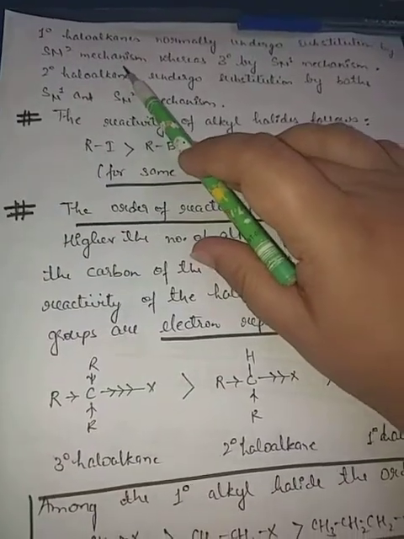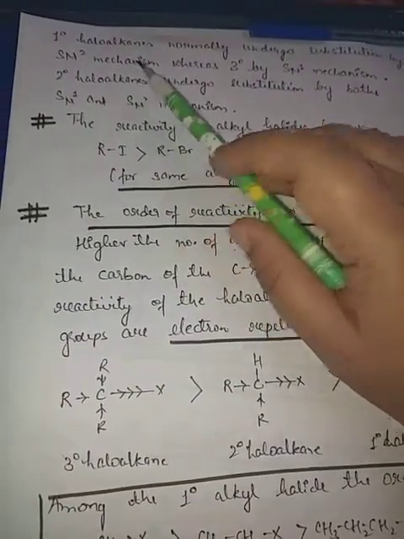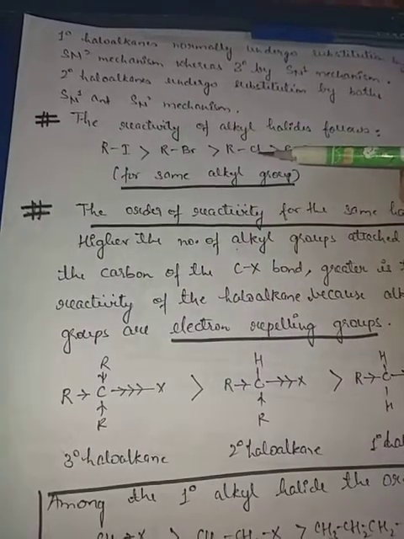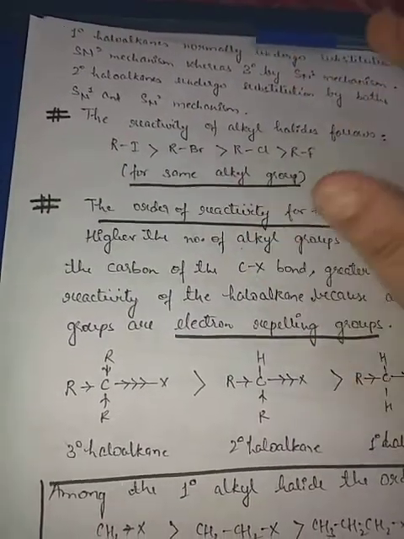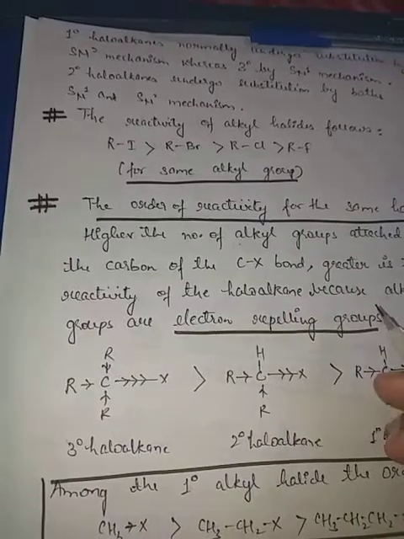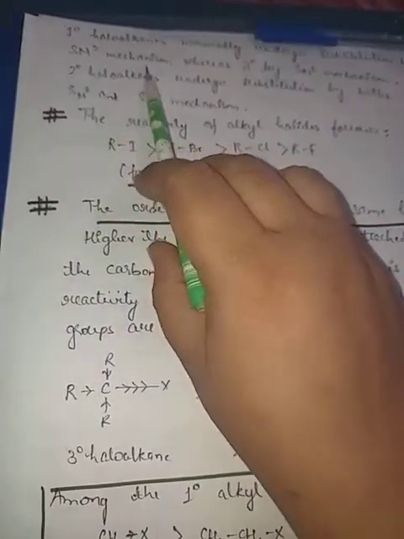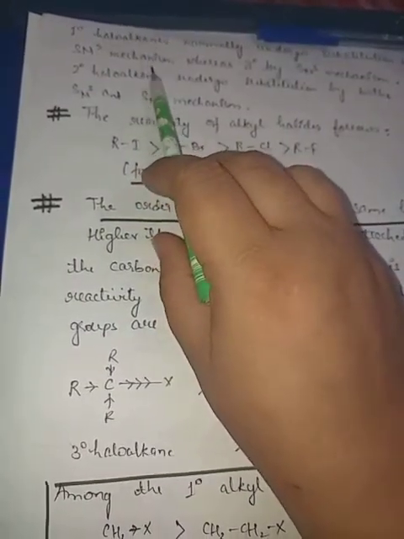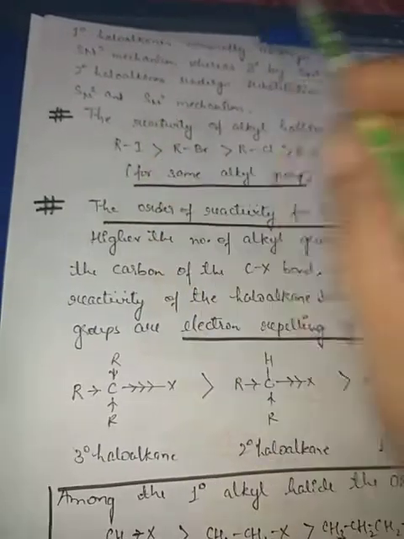Now, primary haloalkanes normally undergo substitution by the SN2 mechanism. In the SN2 mechanism, the incoming reagent and the outgoing ion both remain attached to the carbon and a transition state is formed.